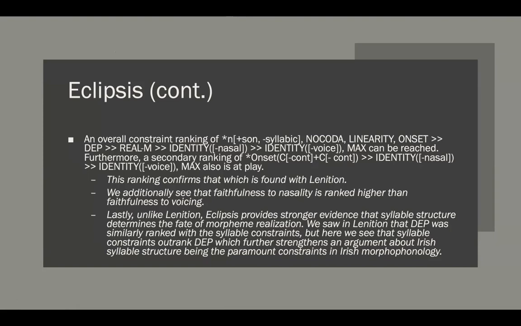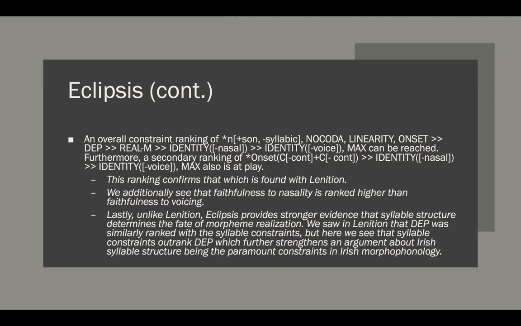Furthermore, there's a secondary ranking of no complex stop consonantal onsets that outranks identity and max. This confirms the ranking that we found in lenition, as well as proving that faithfulness to nasality must be higher ranked than voicing, otherwise we would expect voiceless consonants to also become nasals.